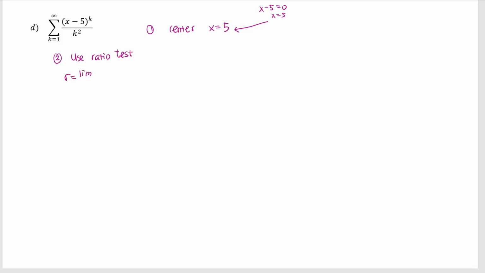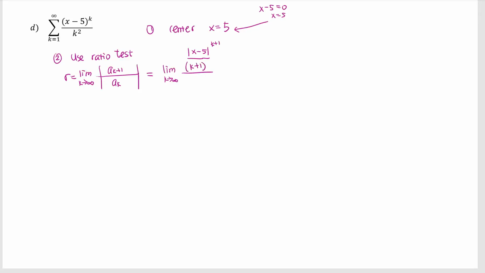R is the limit as k goes to infinity of a sub k plus 1 over a sub k. Okay, what is that? Okay, so that is the limit. a sub k plus 1 means whenever you see k, we replace it by k plus 1. And then here, the absolute value of x minus 5 to the k plus 1.